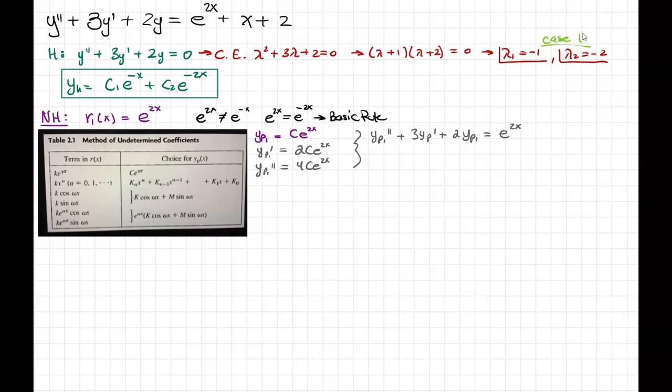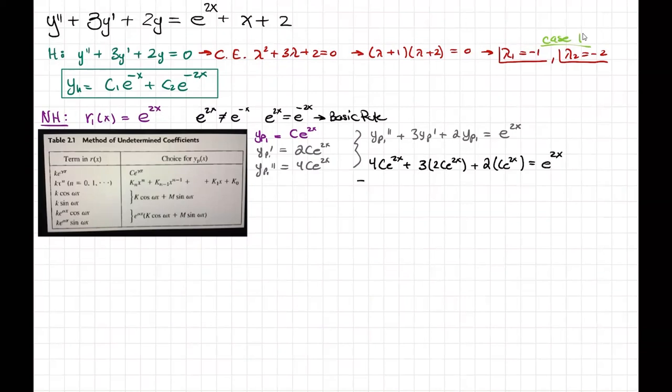After we substitute the values, we're going to get here 4ce to the 2x plus 3 times 2ce to the 2x plus 2 times ce to the 2x equals e to the 2x.